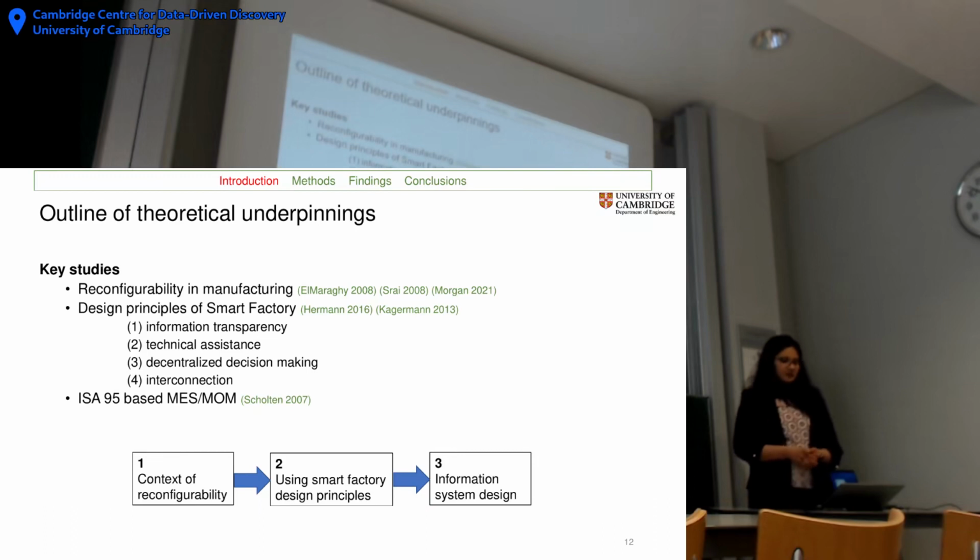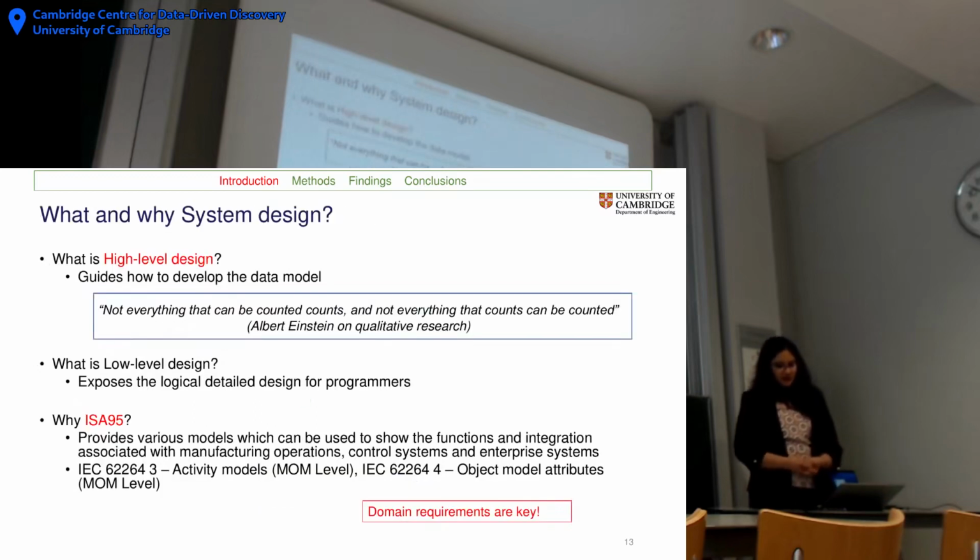Whereas the design principles of smart factory are more in computer science and a lot more in industrial automation, in the newly emerging field of Industry 4.0 literature. And the third aspect is ISA 95, which is an industry standard. So we've used these three to answer these questions.